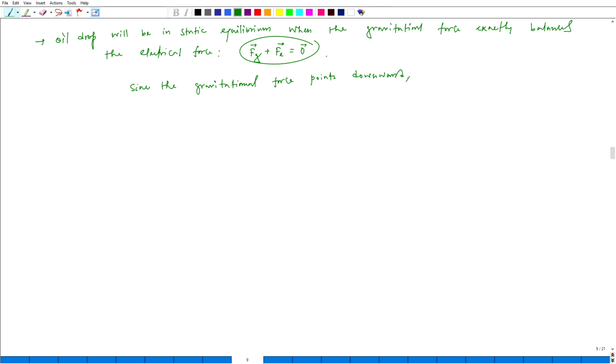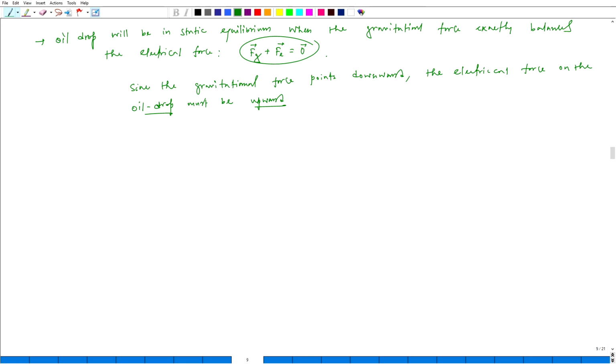So the electrical force on the oil drop must be upward, and when they are equal, they exactly balance. The system, the oil drop, will be in static equilibrium. That is the point.